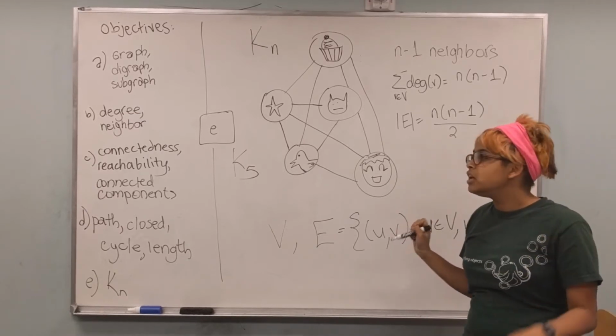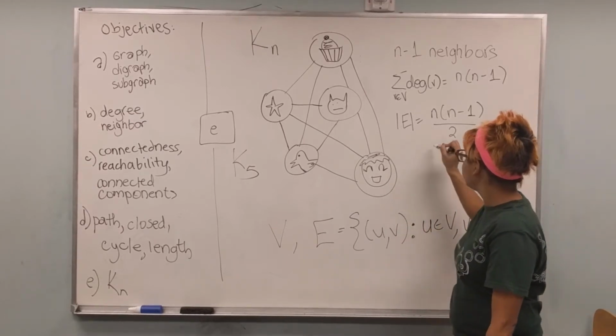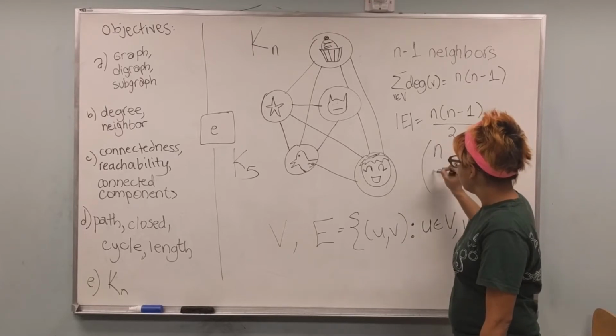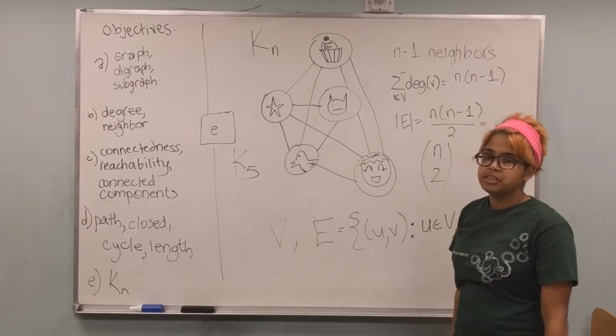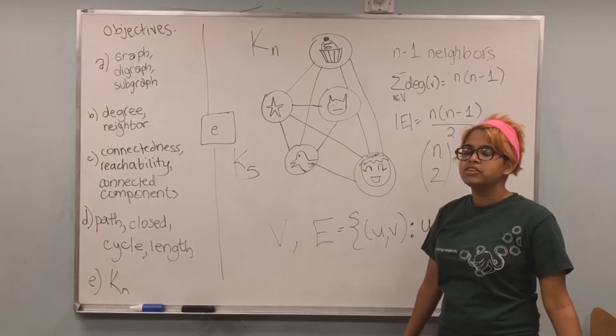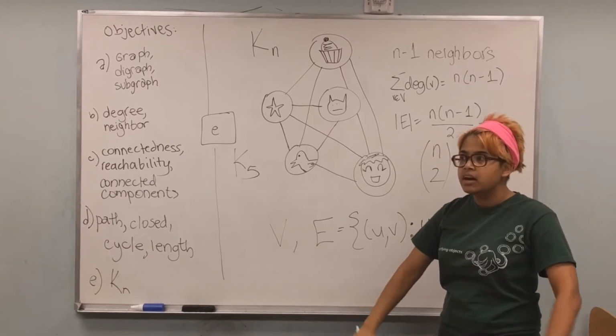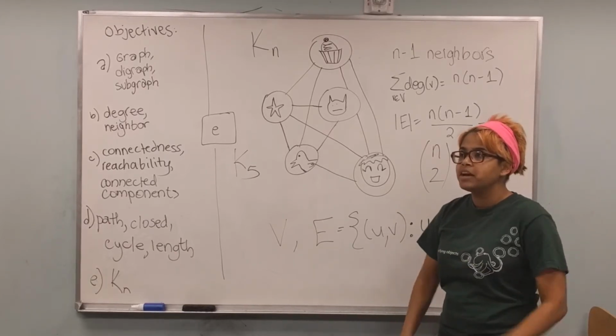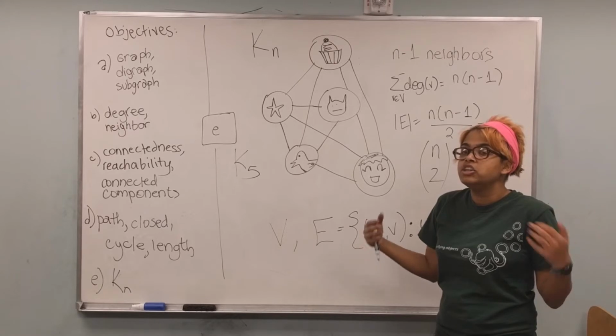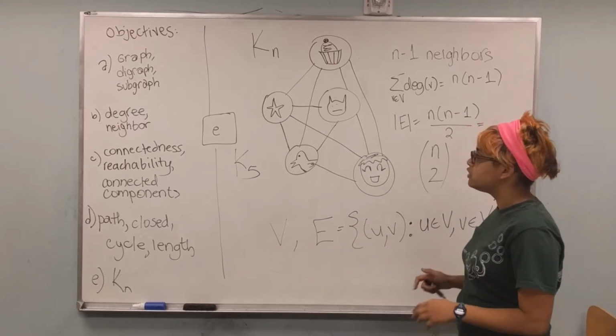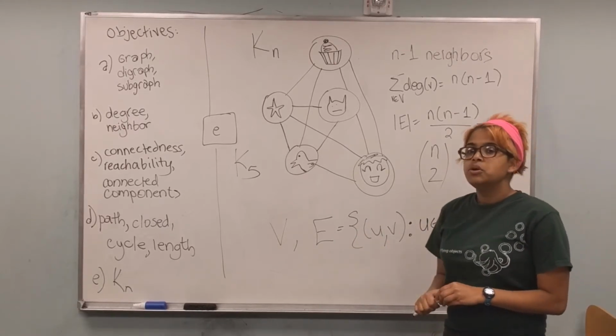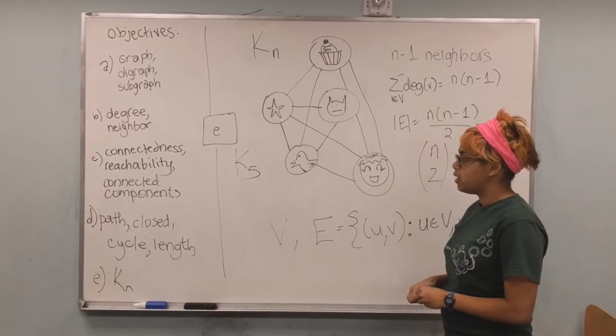And fancily enough, this is a nice thing, it turns out to be n choose 2, which makes sense. For everything in this set, let's pick out every possible pair. Well, there's n choose 2 ways of doing that. So that's going to turn out to be the number of edges within that complete graph as well.